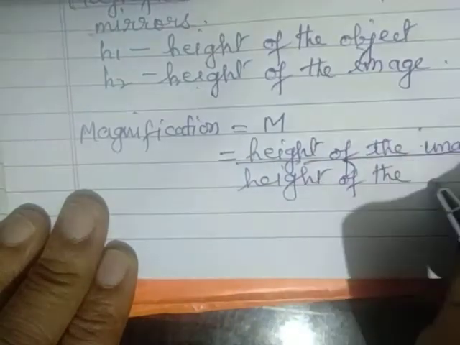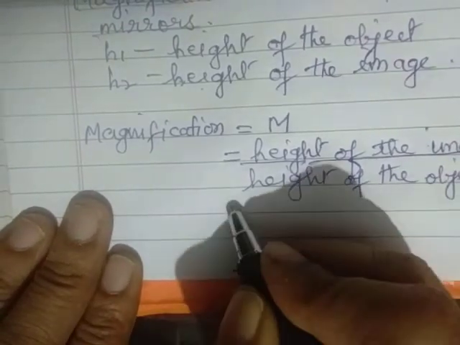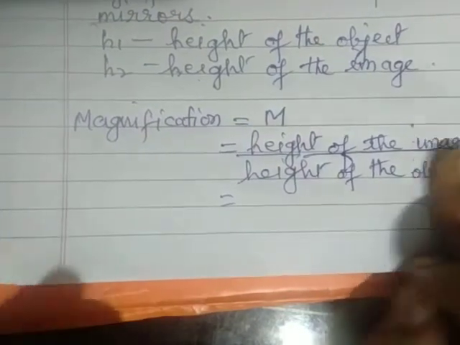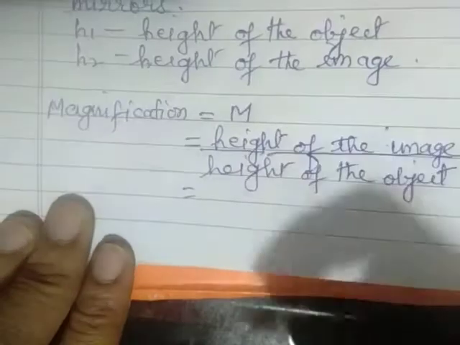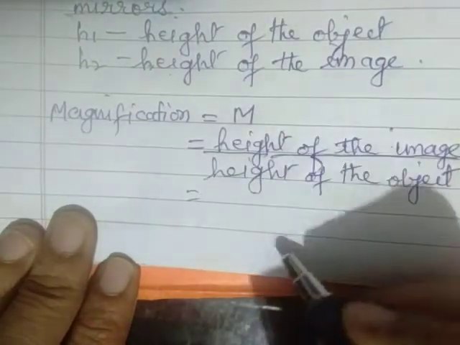If we find this ratio, then we come to know whether the image is magnified, highly magnified, of the same size, or diminished or highly diminished. Based on this formula we can find out.